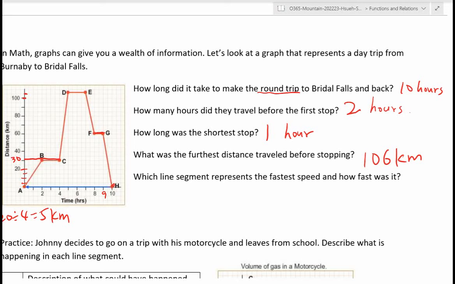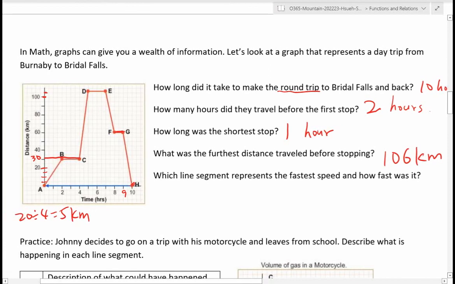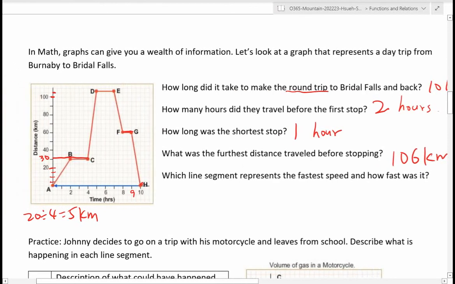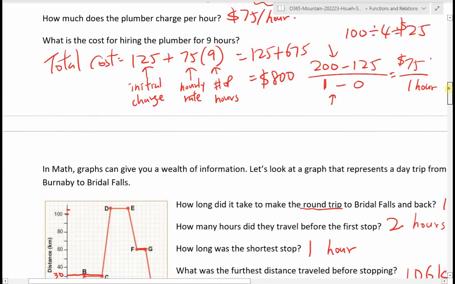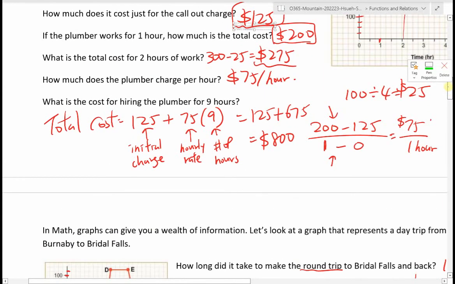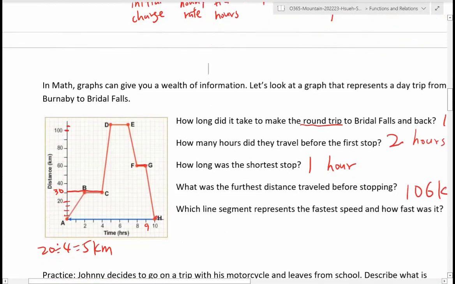Now, how do we tell? Well, we can find the speed, just like what we did on the previous page. To find the cost there, you find the change in cost divided by change in time. So here we can do the same thing.